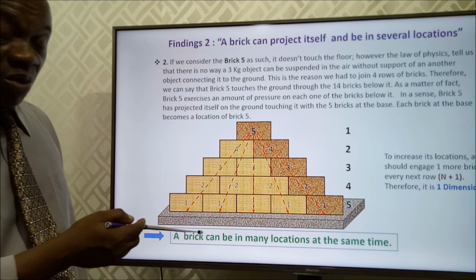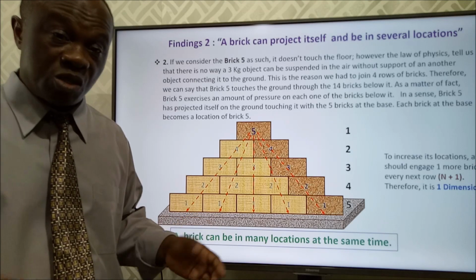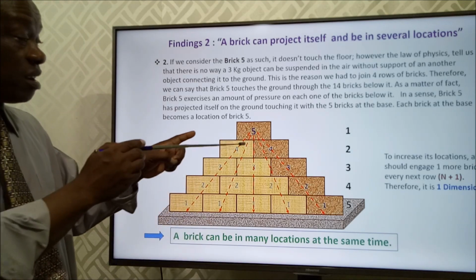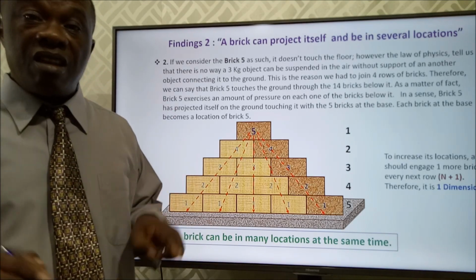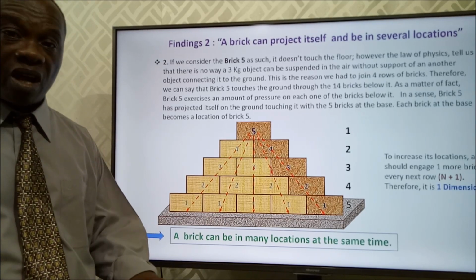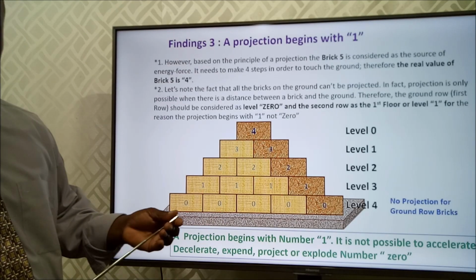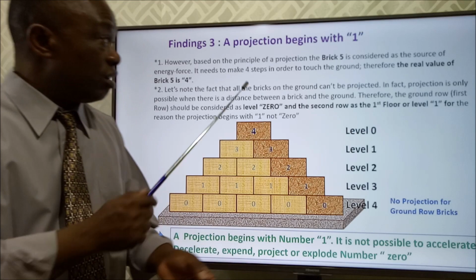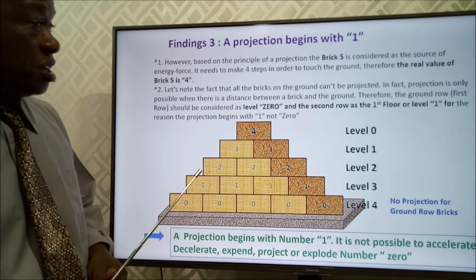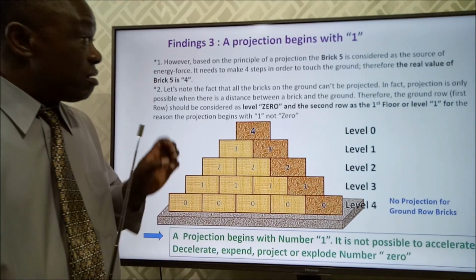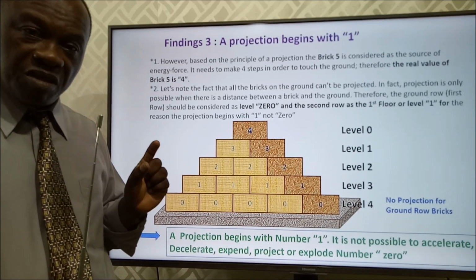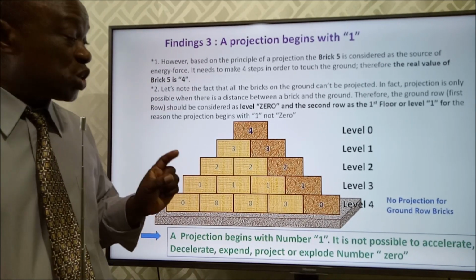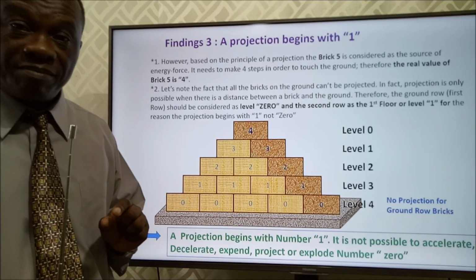So here is a great revelation that is being given to us, that even bricks can be in many places at the same time. A third finding of the observation is that the projection itself begins with 1.